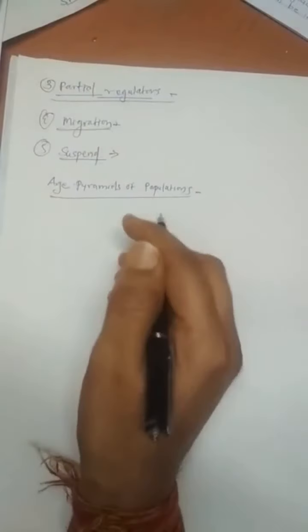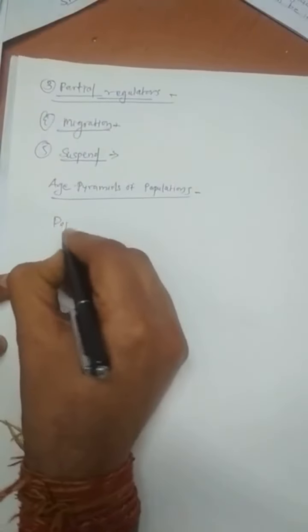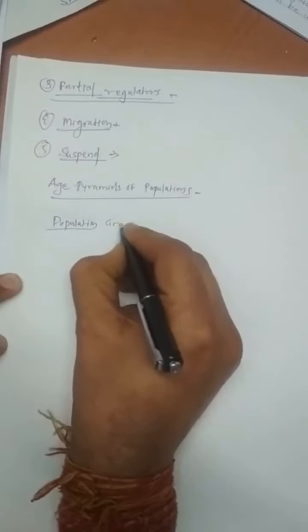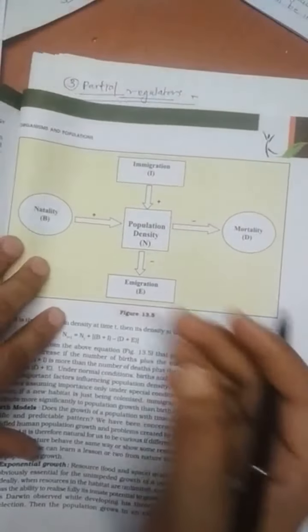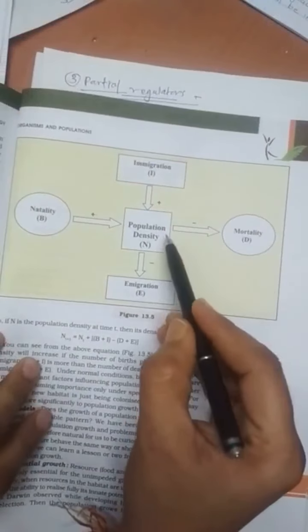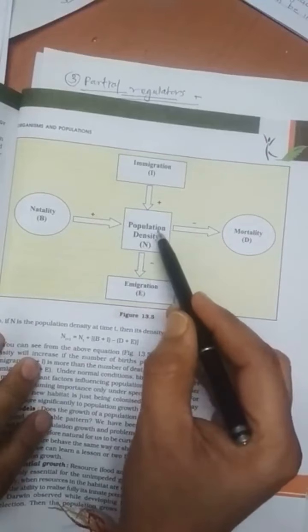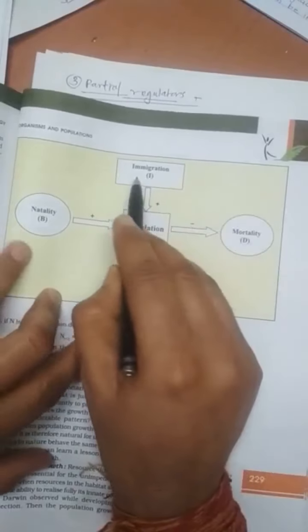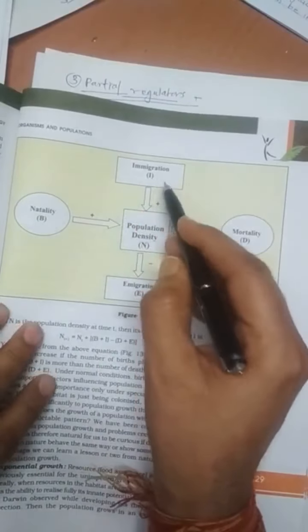Now, population growth. This is a figure given in your textbook. This is population density, and here are arrows for immigration and emigration.